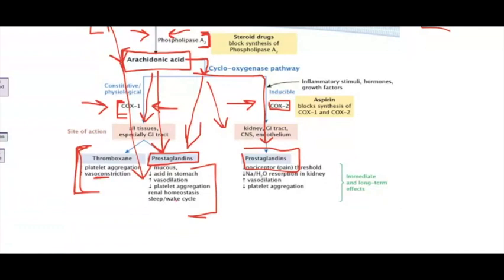What's interesting is that I'm sure you know that certain NSAIDs block COX-1 or COX-2, right? So remember when you're studying pharm and it'll say, oh, it's a COX-2 inhibitor or a COX-1 inhibitor. This is what it's talking about right here. This is where those medications are working.